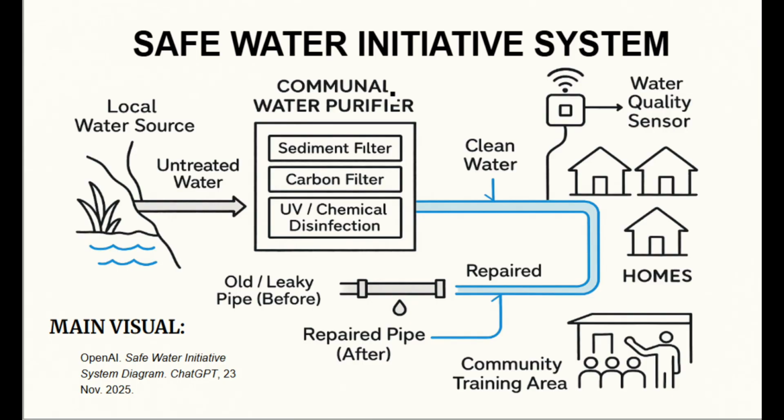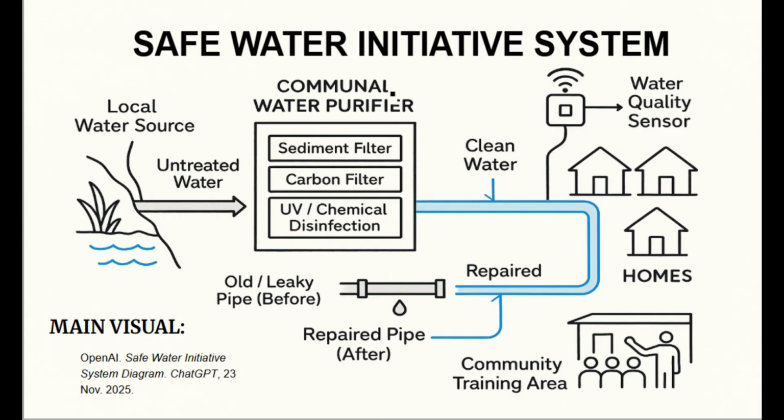Hi, my name is Blake, and I'll be presenting our main visual, existing technology, marketing plan, and design shortcomings for our Milestone 5. Our main visual shows the water network in a low income community. On the left, untreated water from a local source flows into the communal purifier. Inside that unit, filters and disinfection remove contaminants.